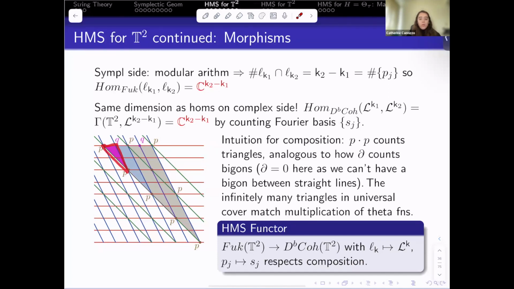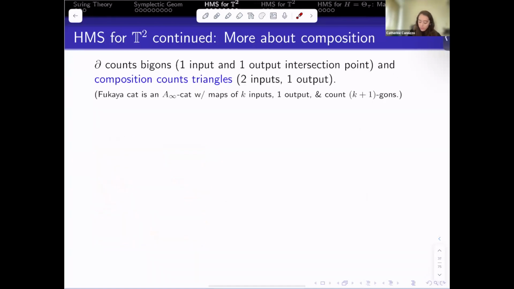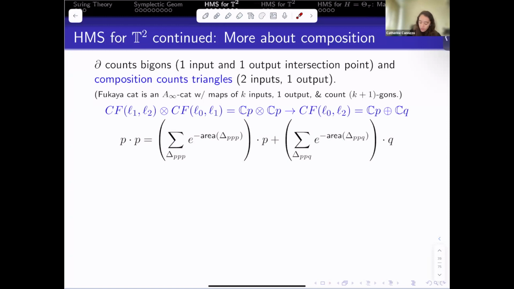So there's something called the Riemann mapping theorem, which says there's a unique holomorphic curve mapping to this. So this count of moduli spaces is 1. Okay, so really there's a 1 here. Then we multiply it by the area of the triangle, and we sum over all of the possible homology classes. And all of these have output P. So this whole thing gets multiplied by the intersection point P.